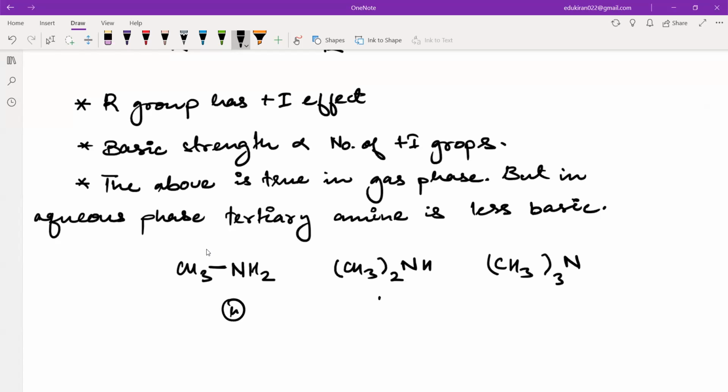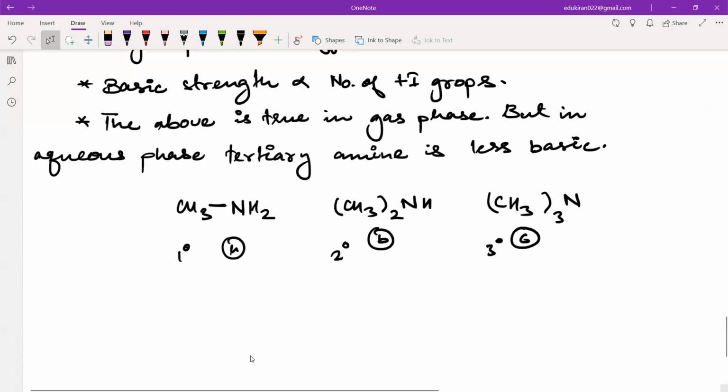So A, B, and C. This is 1 degree, this is 2 degree, and this is 3 degree. In this case, the 3 degree has been found to be the least and 2 degree is the most. So you have B as the highest, secondly you have A, 1 degree, and at last you have C. The reason is steric hindrance.